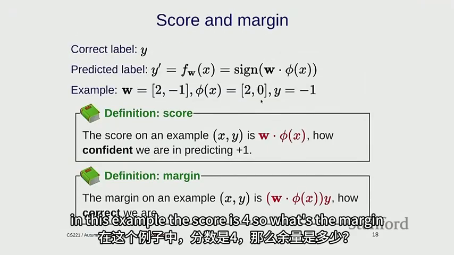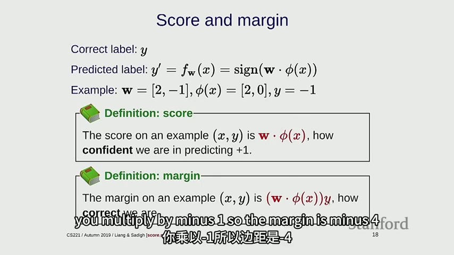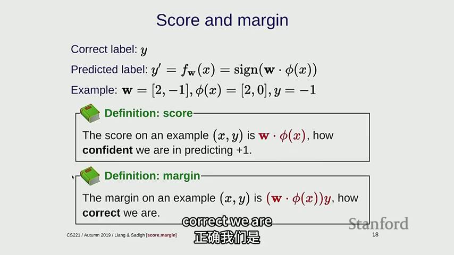In this example, the score is 4. So what's the margin? You multiply by minus 1, so the margin is minus 4. The margin's interpretation is how correct we are.